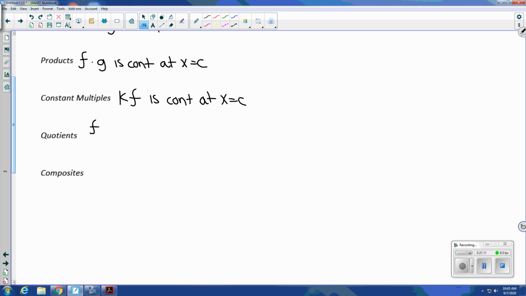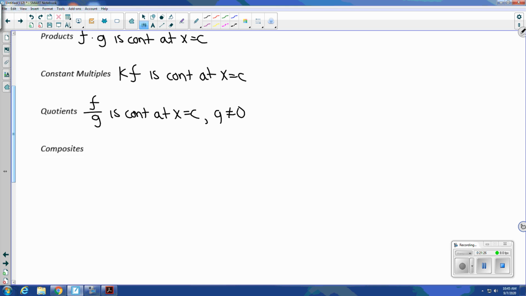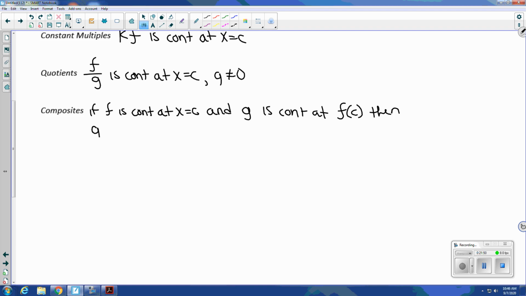The quotient, their quotients will be continuous as long as, you probably guessed it, g does not equal 0 at that point. And then composites is going to be, if f is continuous at x equals c and g is continuous at f of c, then g of f of c is continuous.